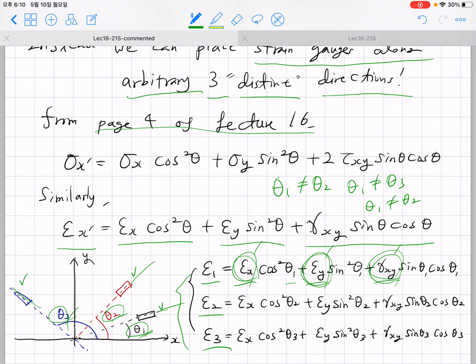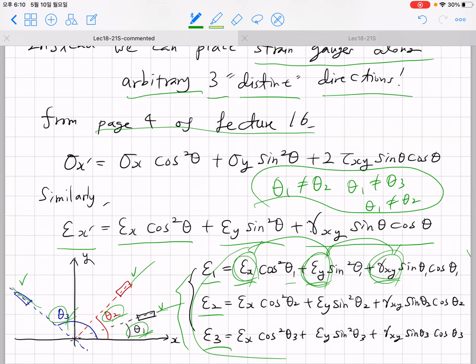You may refer to the answer from linear algebra later, but that is beyond the scope of this course, so please be satisfied with that. If you have 3 distinct directions where you can have 3 linearly independent relationships regarding epsilon 1, epsilon 2, epsilon 3, then you can obtain the 3 unknowns, which of course follows from the characteristics of linear equations.